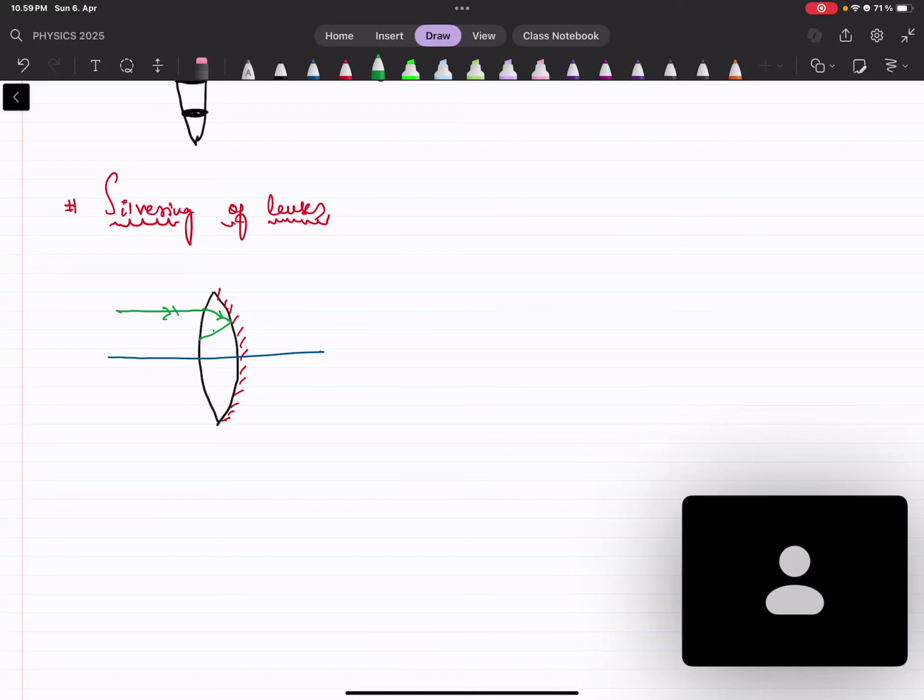Again it will go back like this. Am I clear? That means if I make a free body diagram for this one, it is a combination of one lens like this and a mirror like this.